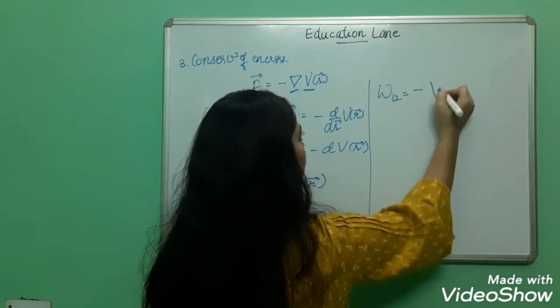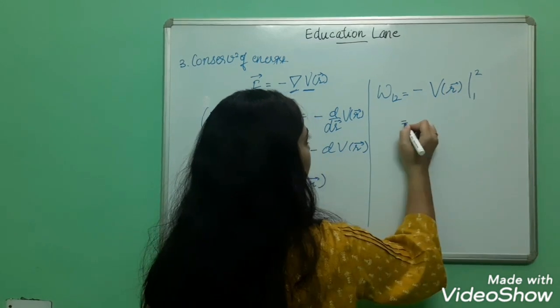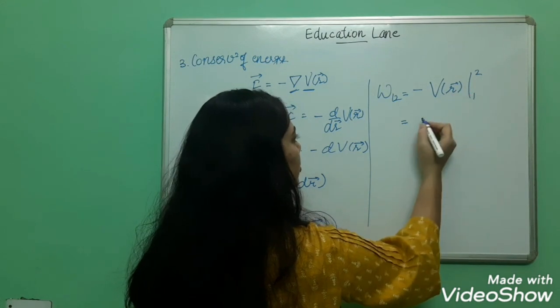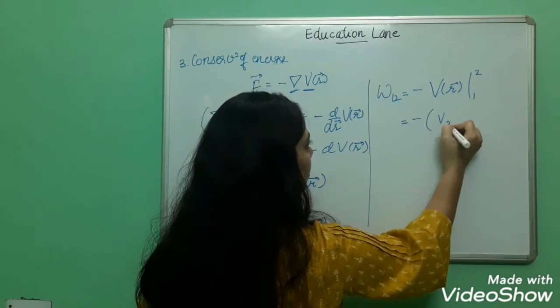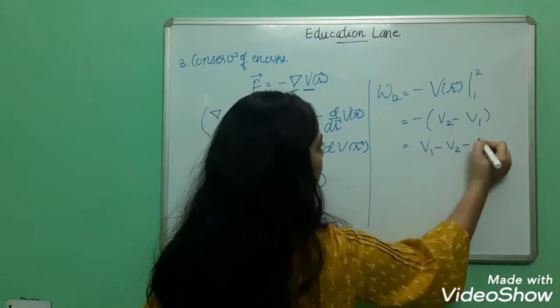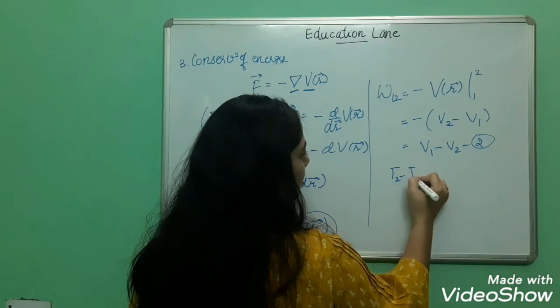This will be, simply, V1 minus V2. What was my first equation? T2 minus T1.